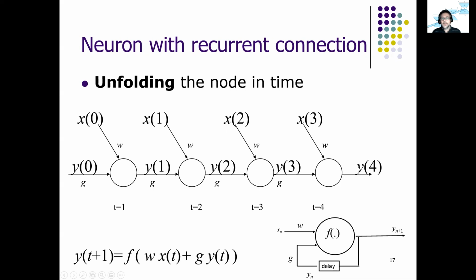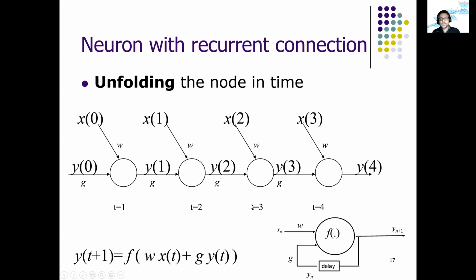It gives you 4 time steps. So you have what happens at the beginning. This is time 1. It produces y1. I showed you the calculation in the previous slide. This output then is used as one of the inputs, together with the input at the next iteration, x1, and produces the output of the node at time 2.